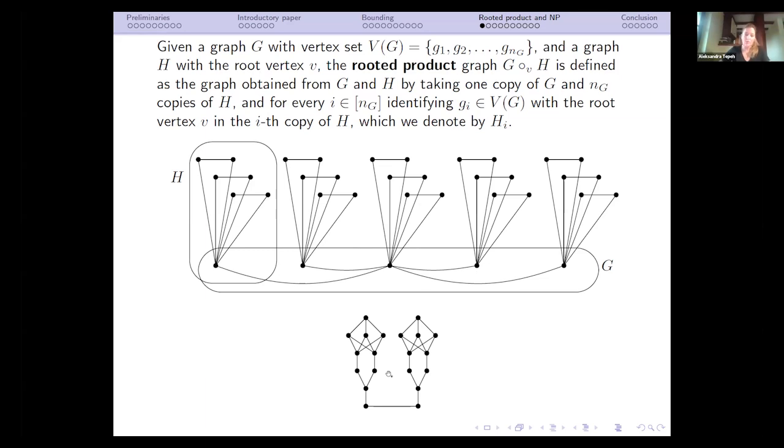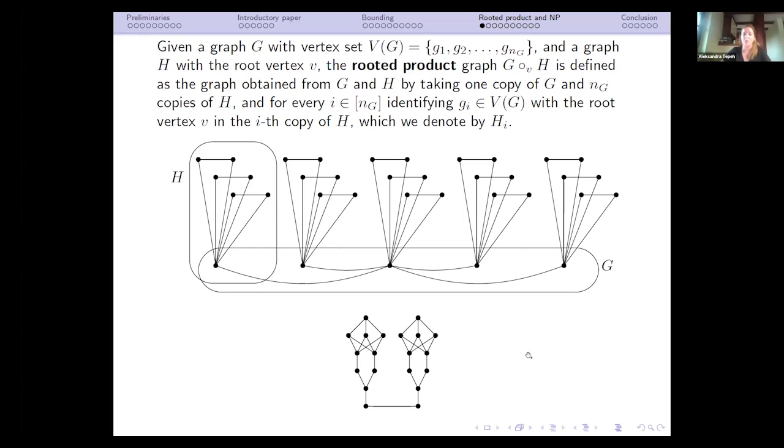But now that we are familiar with Cartesian products, we can also say that this rooted product is actually a subgraph of the Cartesian product, right? You have these H layers, and the edges appear only in one layer, isomorphic to G, the one which corresponds to the root in H. So you can look at this rooted product also in this way.